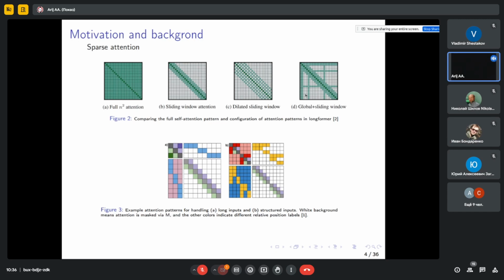Before this last proposed variant, the authors used two other kinds of attention, dilated and sliding, but these did not give as good model performance as using global and sliding window.